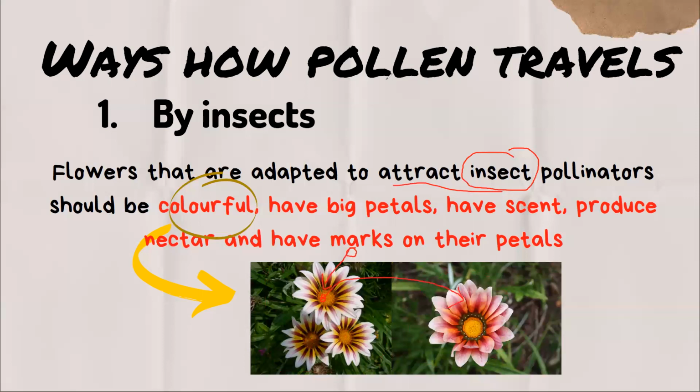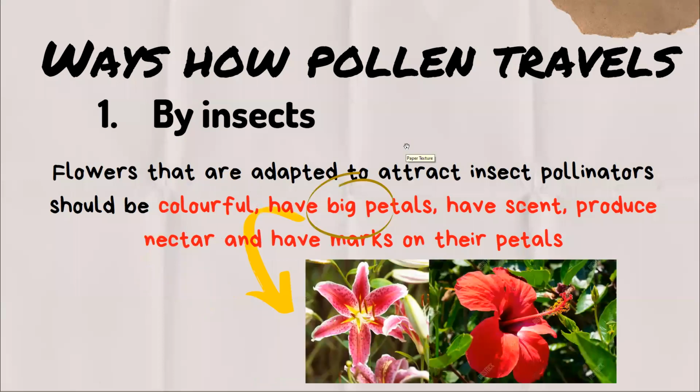Is that clear? Okay, good. So always remember, insects are more attracted to the color white and yellow. They are also attracted to flowers that are brightly colored. Okay, good. Let's continue.